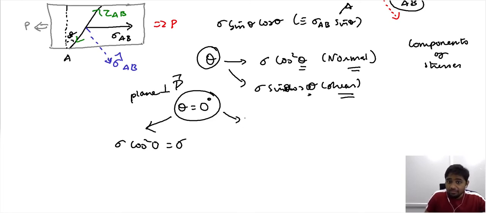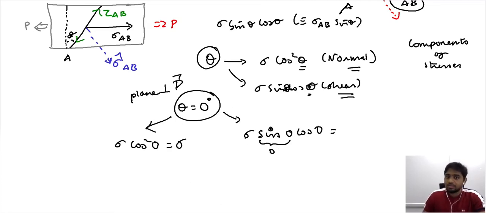And finally, when you consider the shear component of the stress, when the region of interest is perpendicular to the loading direction, we end up having an expression of this sort, sin 0 cos 0, and since sin 0 is 0, the overall stress along the shear direction will be 0.